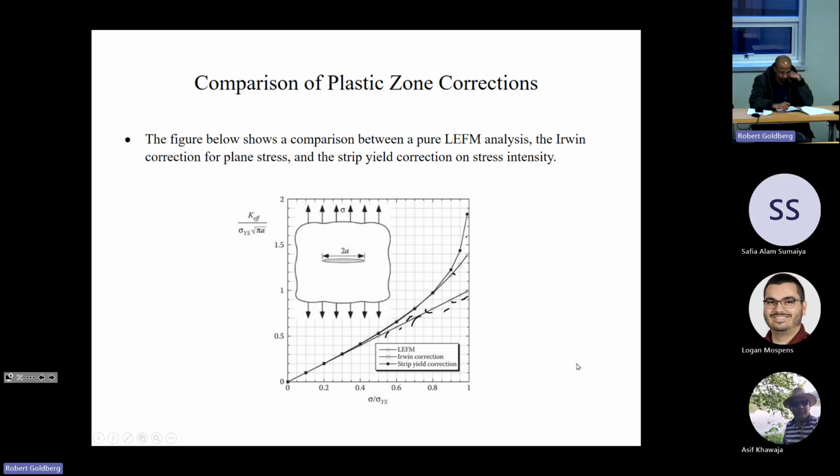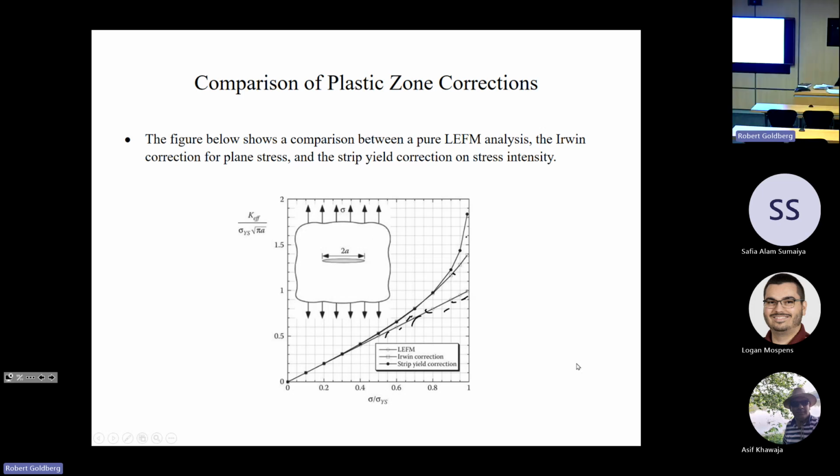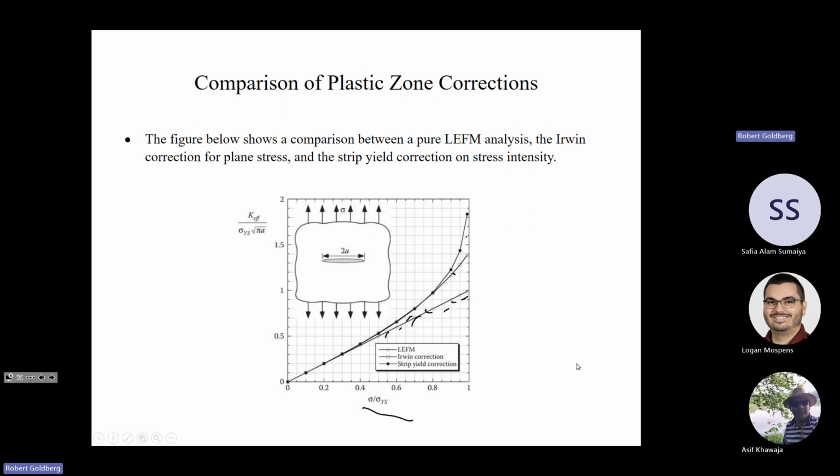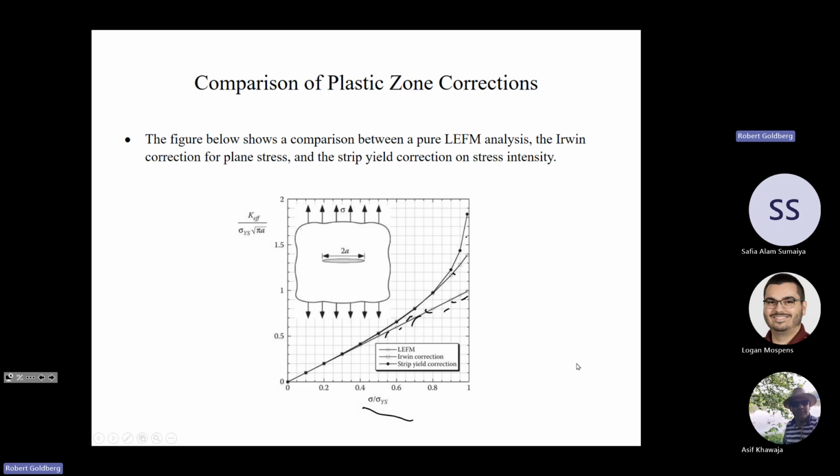We're plotting an effective stress intensity factor normalized by the yield stress multiplied by the square root of pi a, and we plot it against the normalized stress, so the applied stress over the yield stress.